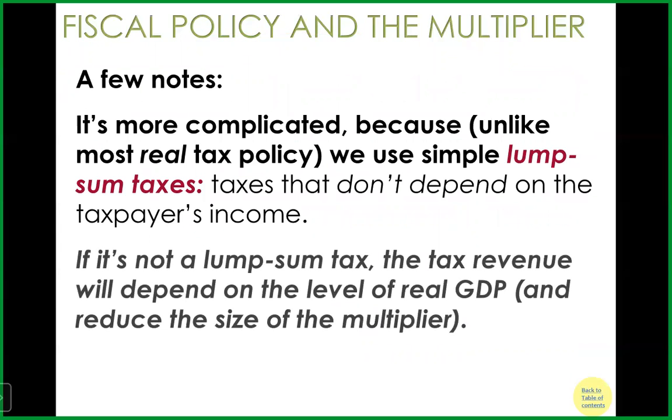Furthermore, I want to emphasize that in reality it's a little bit more complicated than the simple example we have discussed. In the simple example, the government spending or the government revenue comes from what we call a lump sum tax. And what is a lump sum tax?